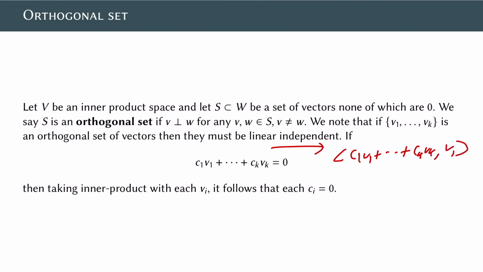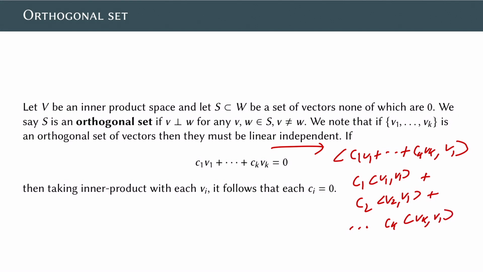What I get is c1 inner product v1 v1 plus c2 inner product v2 v1 plus dot dot dot ck inner product vk v1.